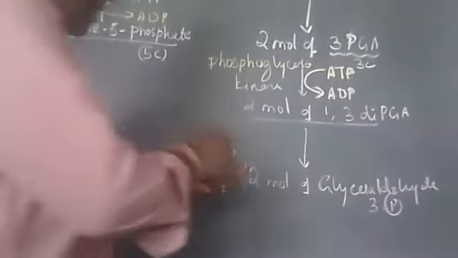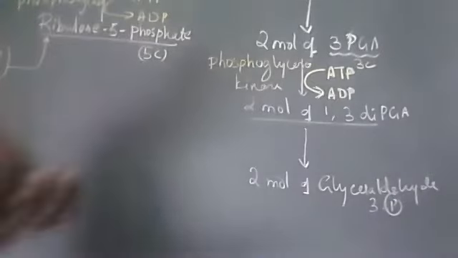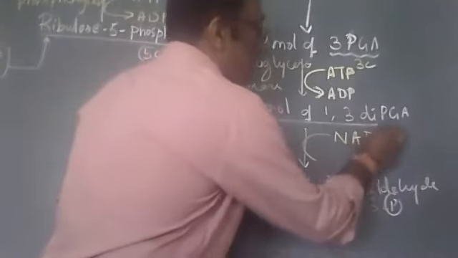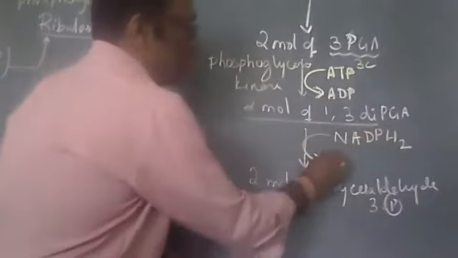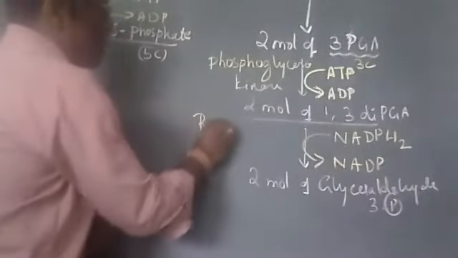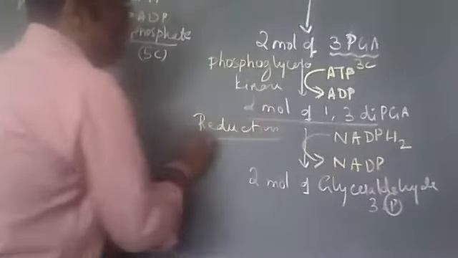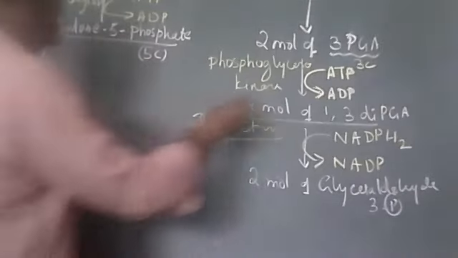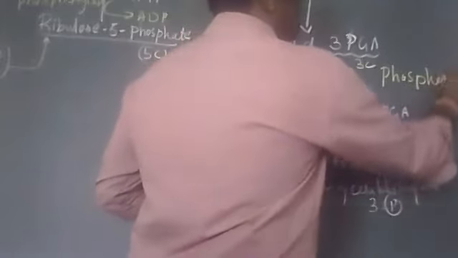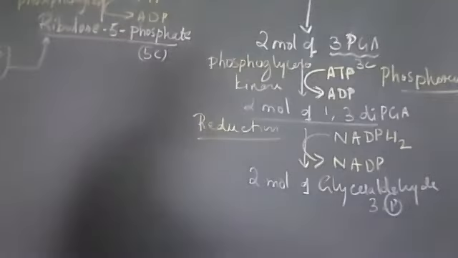That means NADPH2 is used. Hydrogen is used. NADPH2 becomes NADP. This is clearly a step called reduction. The previous step is called phosphorylation. And here it is called carbon fixation. What do we call this? Carboxylation.